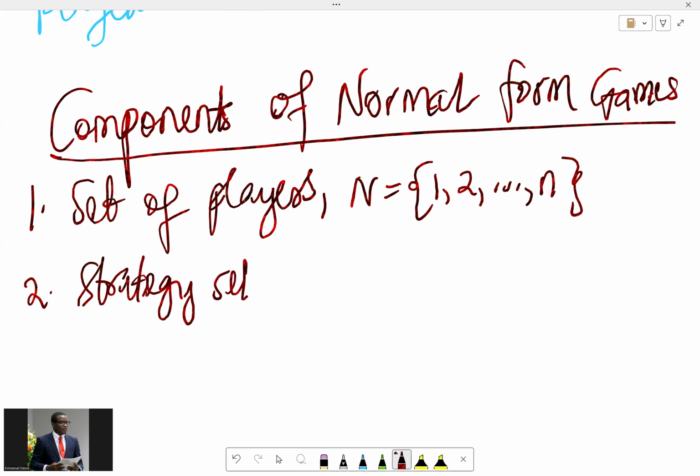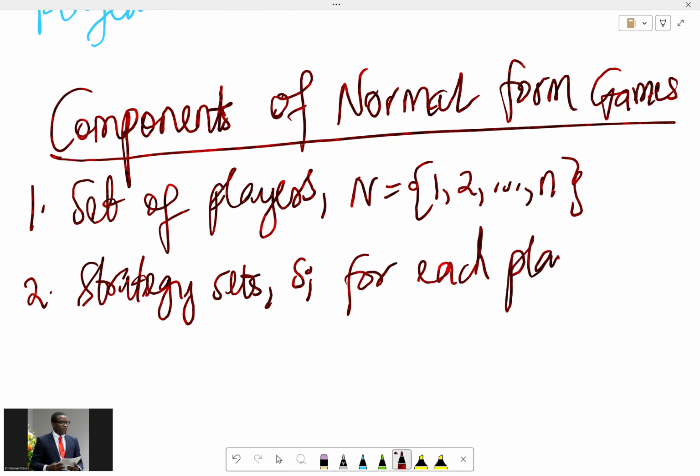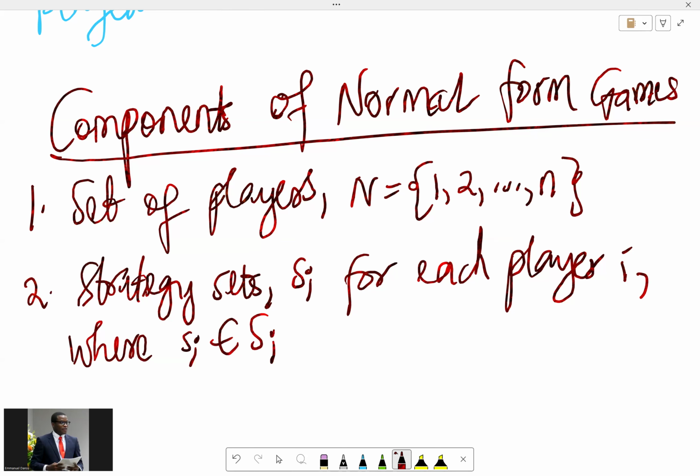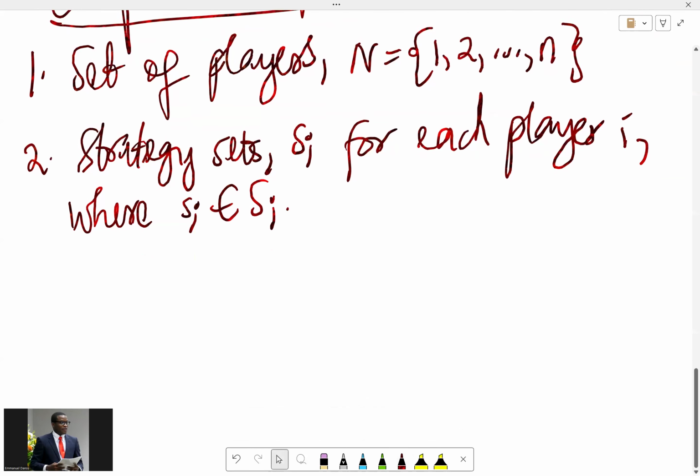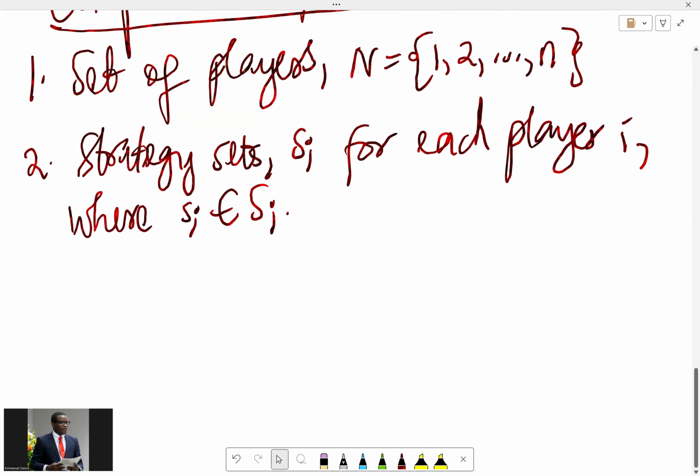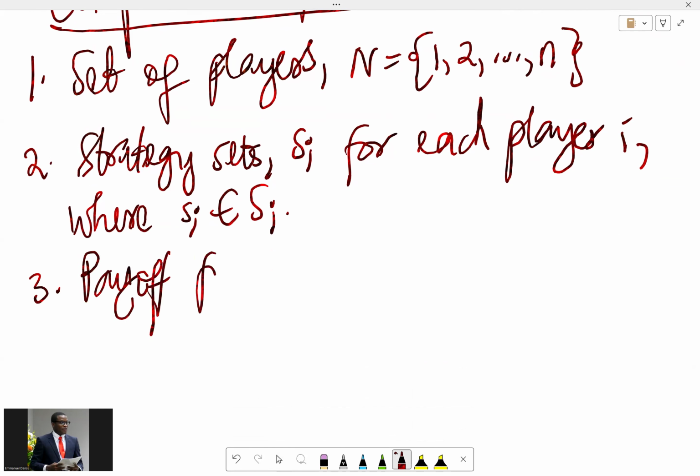Then the second thing, we have strategy sets, S_i for each player i, where strategy S_i belongs to the bigger set of strategies. Strategy sets for each player. Then number three, we have payoff functions.